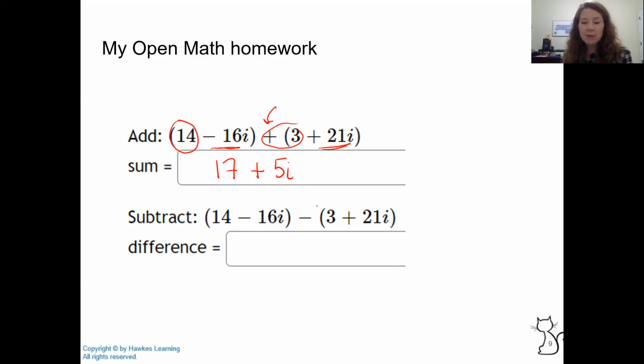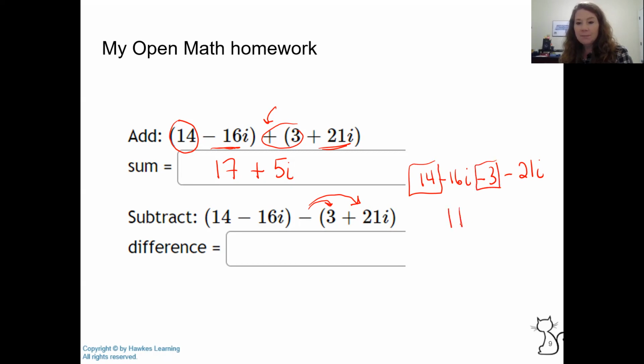Now with subtraction, however, if there's a negative in front of a set of parentheses, you have to distribute that negative to everything in the parentheses. So we're going to rewrite this: 14 minus 16i minus 3 minus 21i. Now we're going to combine like terms. So 14 minus 3 is 11.